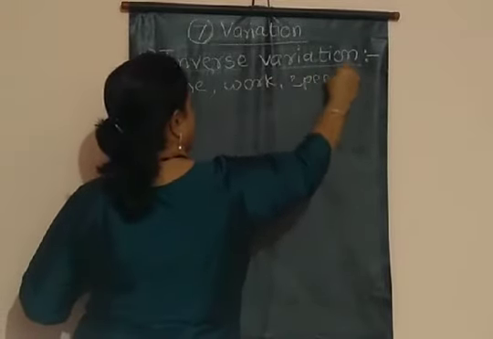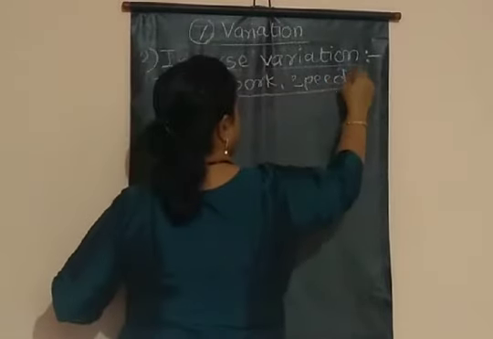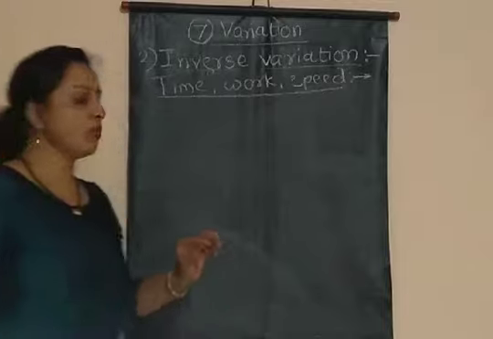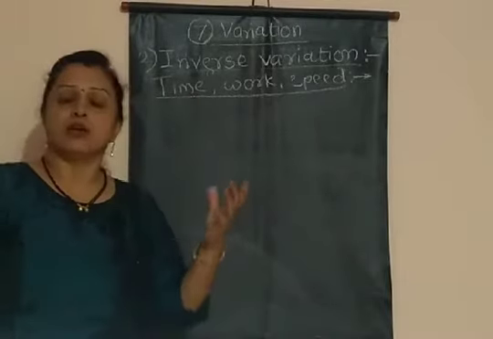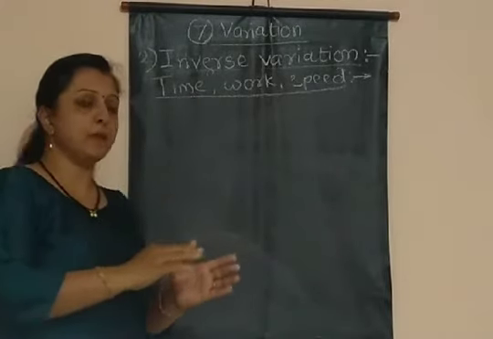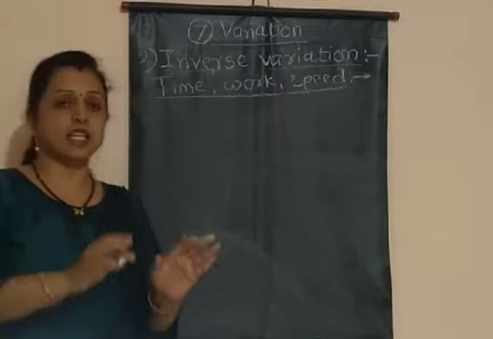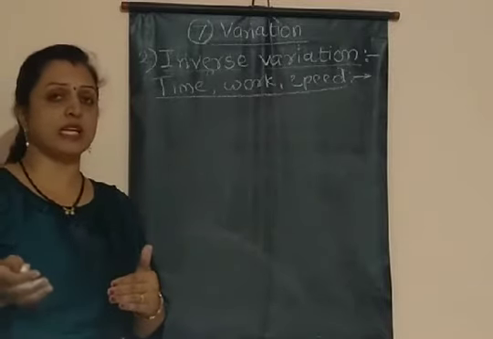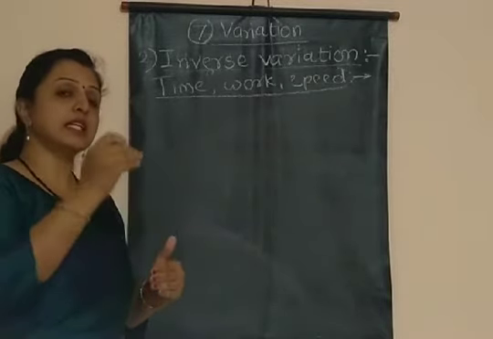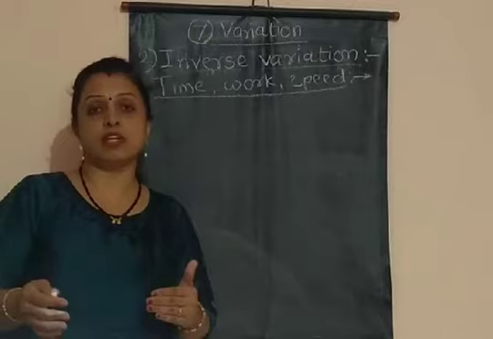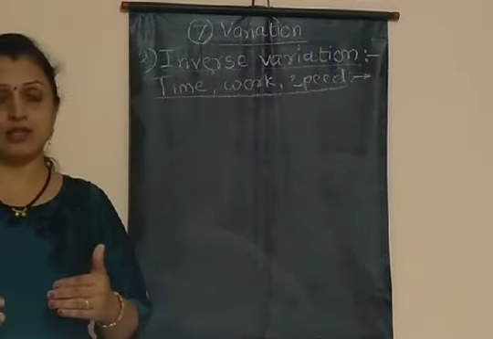Now let's see. What is meant by this? If we have to complete a particular work, then if the number of workers goes on increasing, then the time required to complete that work should go on decreasing, isn't it?